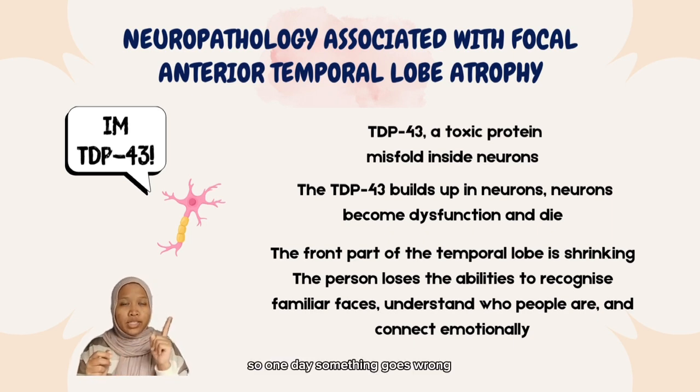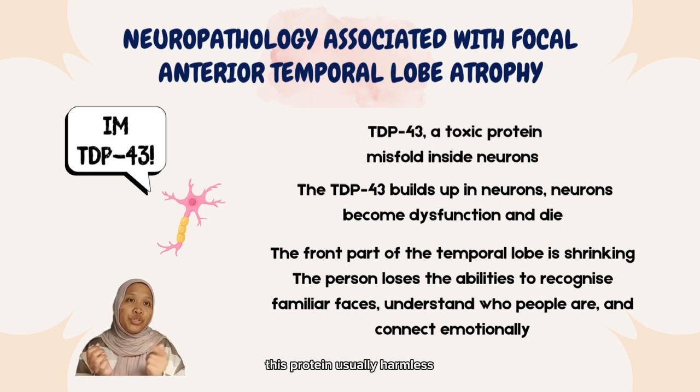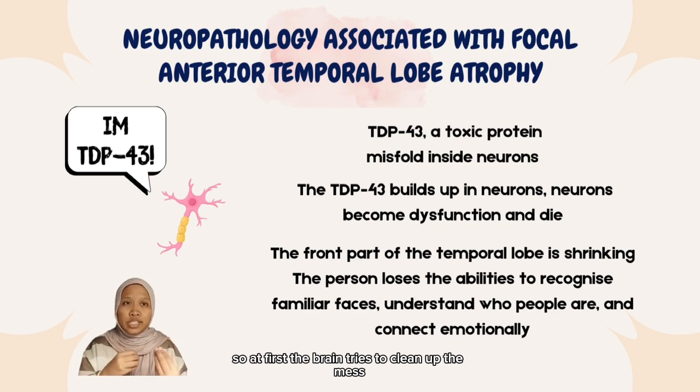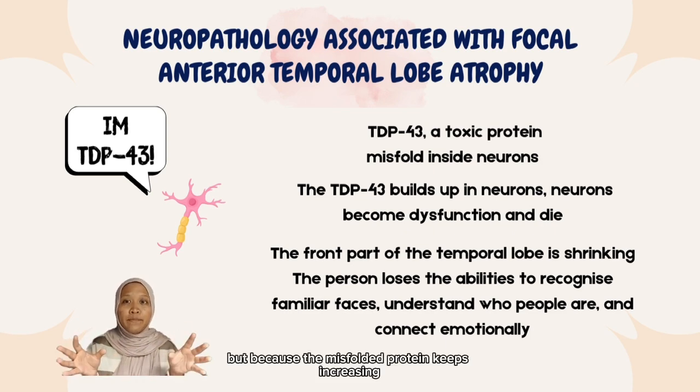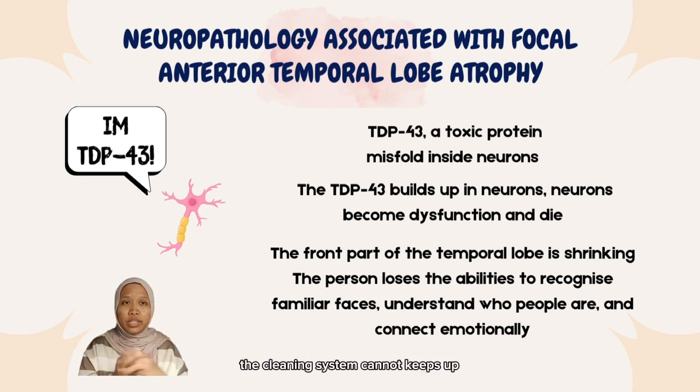One day, something goes wrong. Inside the neurons, there is a protein called TDP-43. This protein is usually harmless, but in this case, it misfolds. At first, the brain tries to clean up the misfolded protein, but because it keeps increasing, the cleaning system cannot keep up.